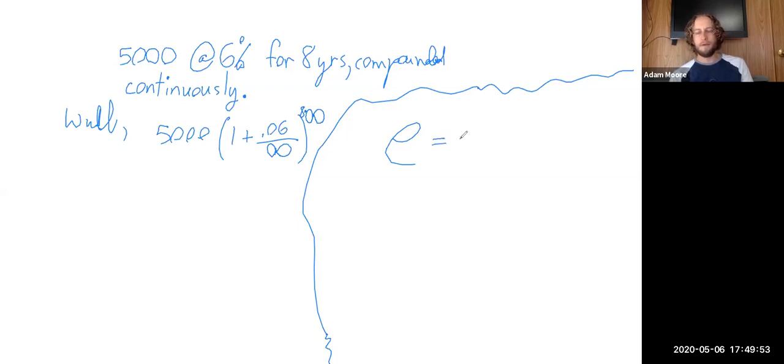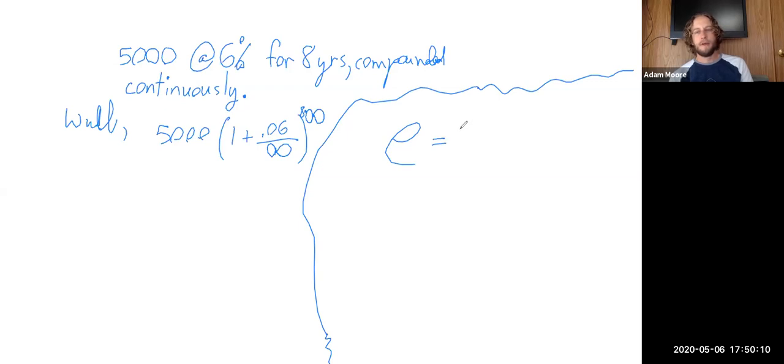Because of the pattern that resulted, he developed this number E. It must have been Euler, because it's named after him. That's where the E comes from.